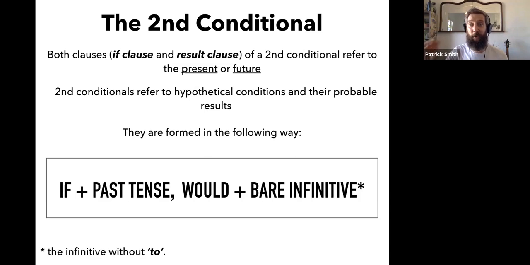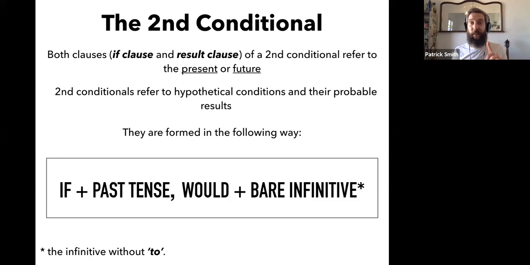In English, the translation of comer is to eat, because in English all the infinitives begin with to. And a bare infinitive is when we use this infinitive without to. So we just say eat. So if with the past tense, comma, and then would go, would eat, would be, would like, would have, whatever. Would plus a bare infinitive.